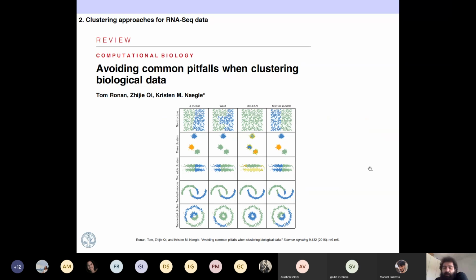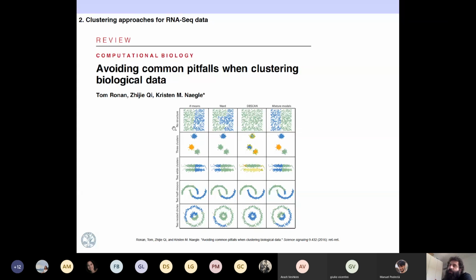I like this graph that I found also in the paper, because on one hand, it shows how different algorithms will behave on different types of data. So you apply k-means, Ward, which as you remember is the hierarchical one, density or mixture models.